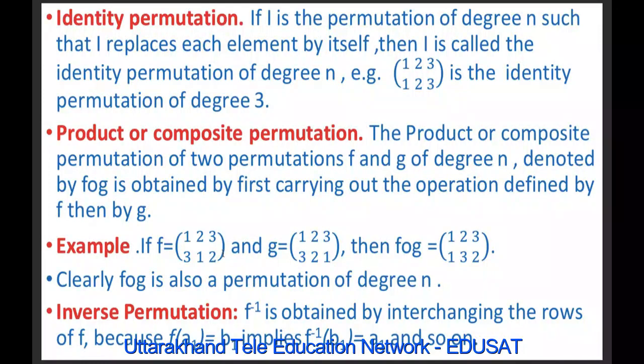The inverse of a transformation is obtained by interchanging the rows of f, because if f of a1 is equal to b1, then f inverse of b1 is equal to a1, f inverse of b2 is equal to a2, f inverse of b3 is equal to a3, and so on. So to get the inverse of any transformation, we interchange the rows.